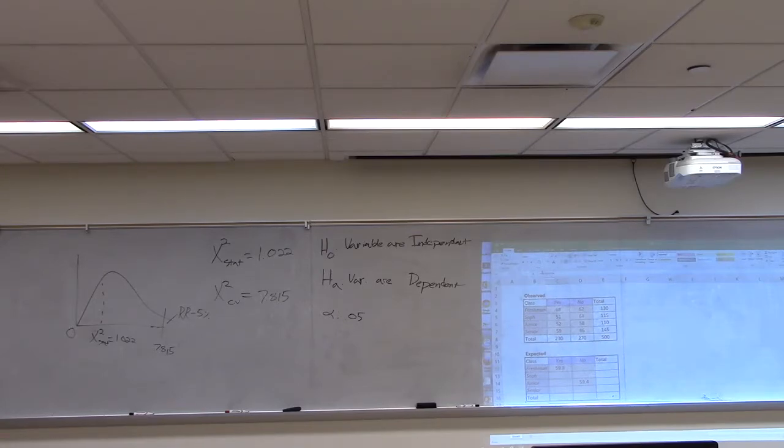For the C8 here, it's referencing the column total. I want the 8 to stay the same, but sometimes I want it to be the D, sometimes I want it to be C. So I want the 8 to be the same always, but I want to let the C change. So I'm going to put a dollar sign in front of the 8, because I don't want that to ever change.